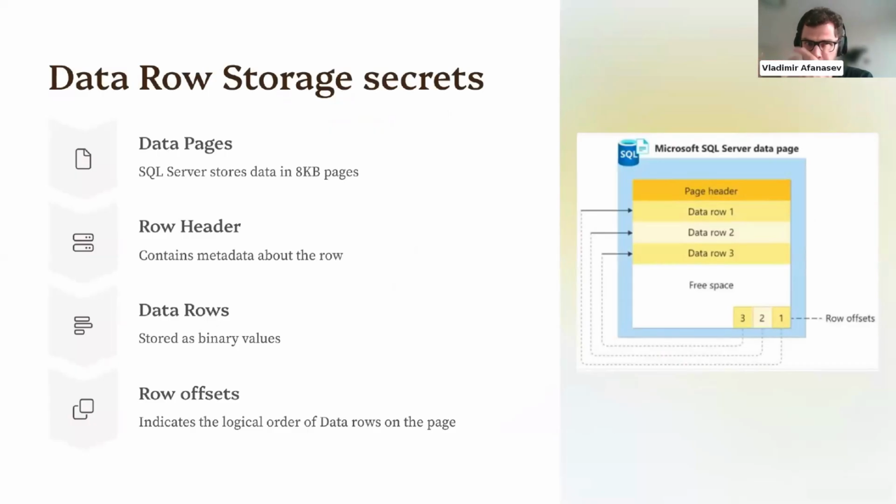Then we have our data rows stored as binary values. We can see these data rows on the right-hand side, and then we have the row offsets, which indicate the logical order of the data rows on the page. So if we want to sort them, we just sort these offsets, and it's easy to follow them. But your data rows stay in the middle, physically.